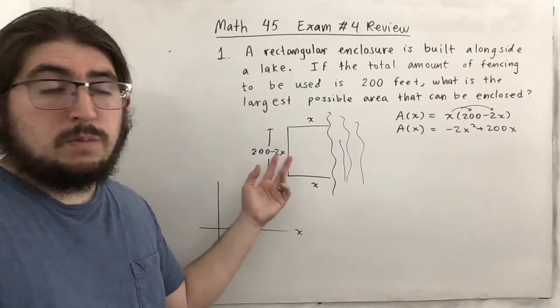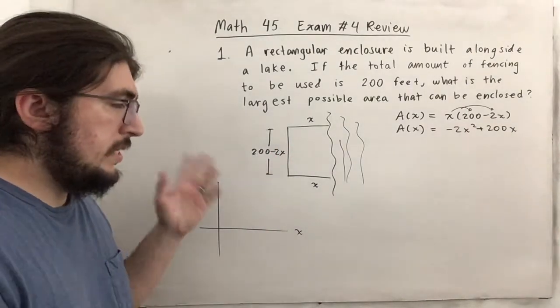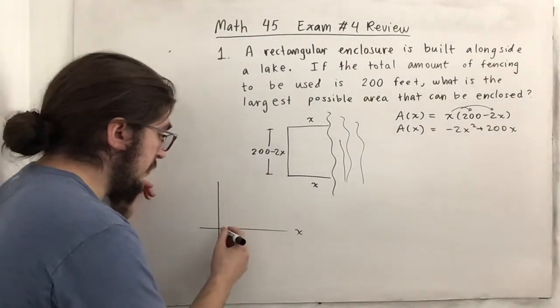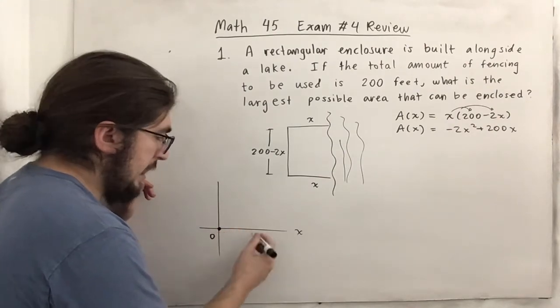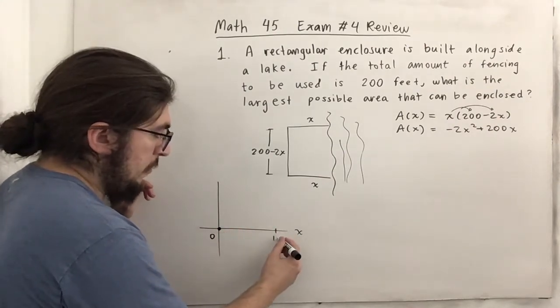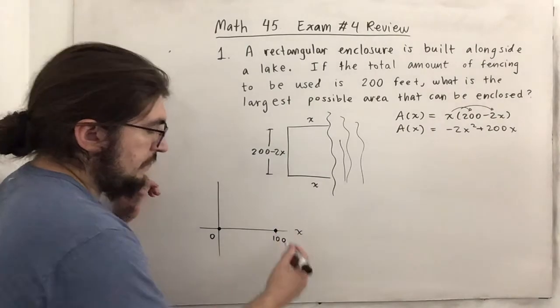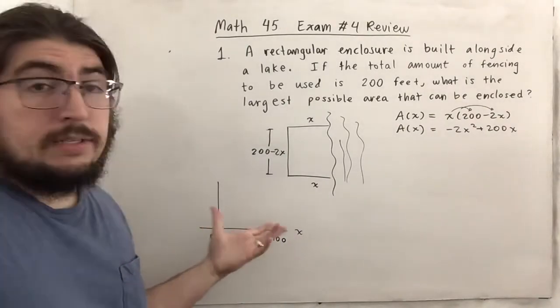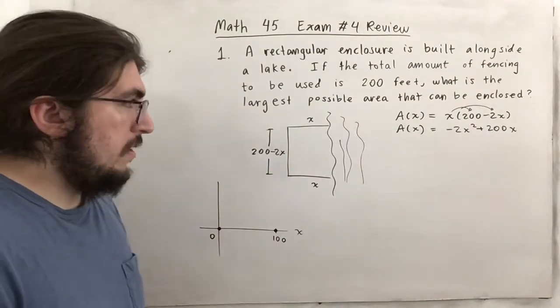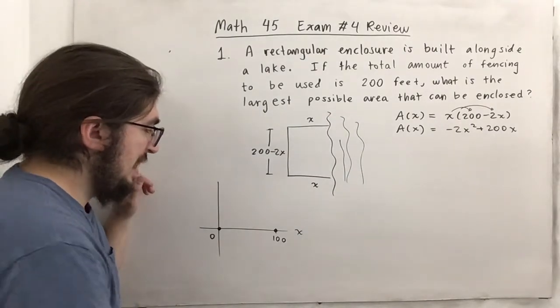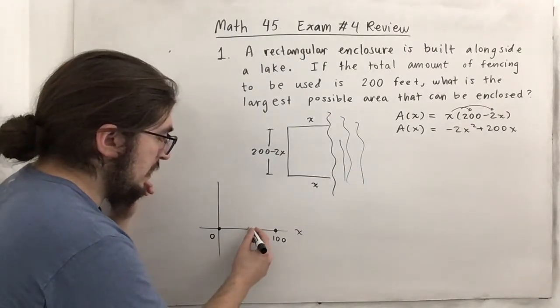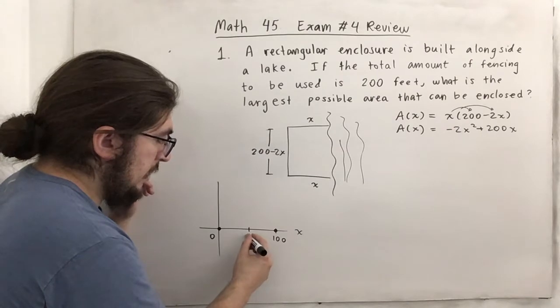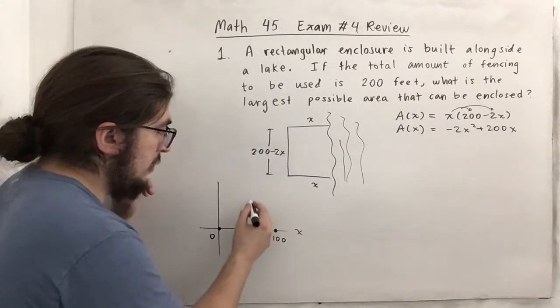Notice 2 times 100 is 200, so then 200 minus 200 is indeed 0. So the zeros occur at x equals 0 and at x equals 100. These are the x-intercepts, essentially, which correspond to the zeros of the polynomial function. And halfway in between these zeros, by symmetry, is the number 50, which corresponds to the vertex.